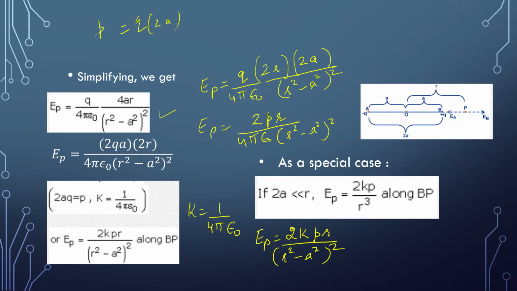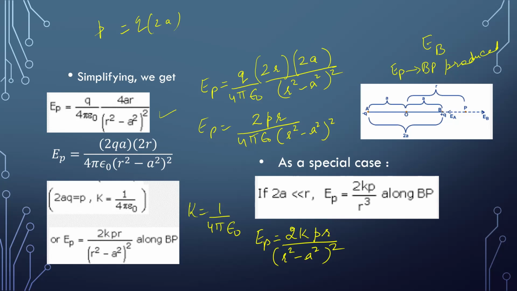This is also the expression. What will be the direction of this EP? Because EB is greater than EA, the direction of EP will be the same as the direction of EB, that is BP produced.